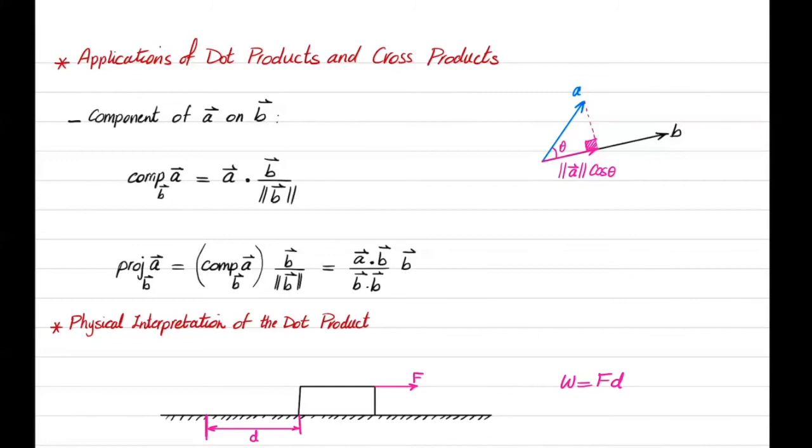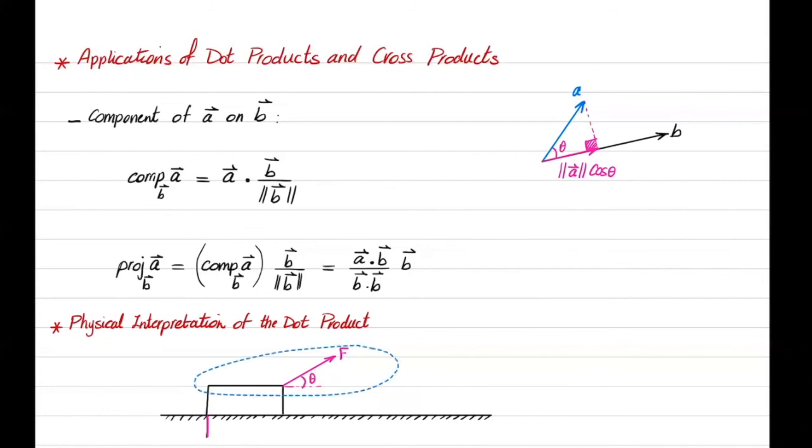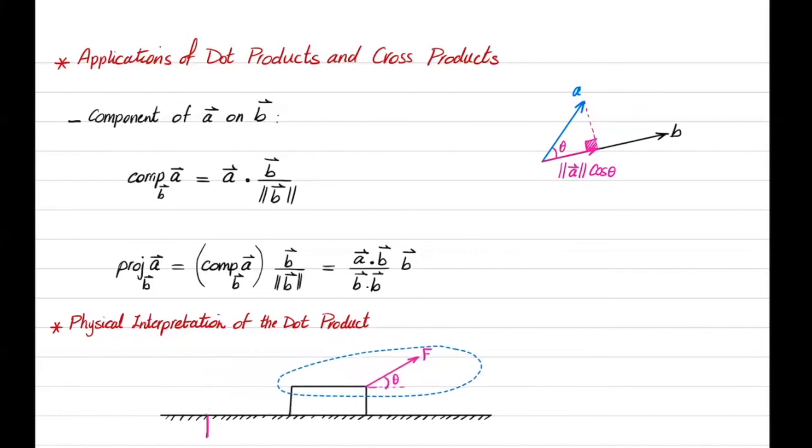But what if this force is not in the same direction as the displacement? So let's say that now we have a force in a different direction, and now this force forms an angle theta with the direction of the displacement. So now if we exert this force on the body, then the object will move a distance again. And again, the displacement now is d.